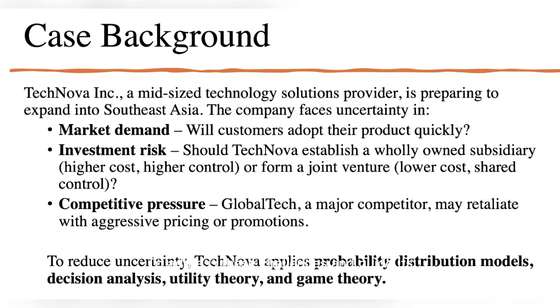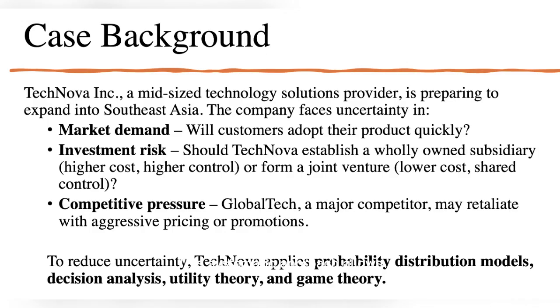To address these challenges and guide its decision-making, Technova applies probability distribution models to measure uncertainty, decision analysis to evaluate possible strategies, utility theory to align choices with the company's risk preferences, and game theory to anticipate and prepare for competitor responses.